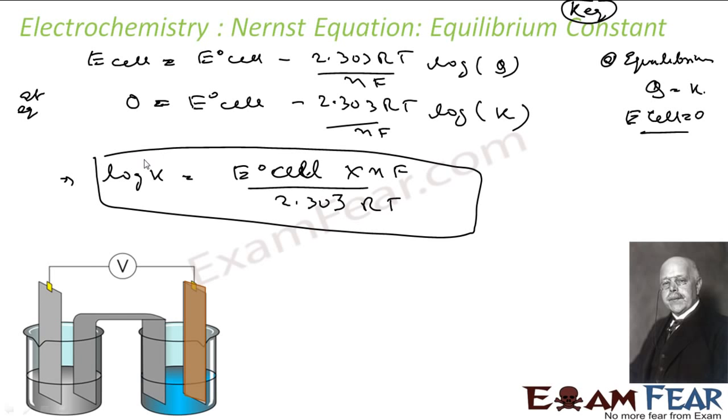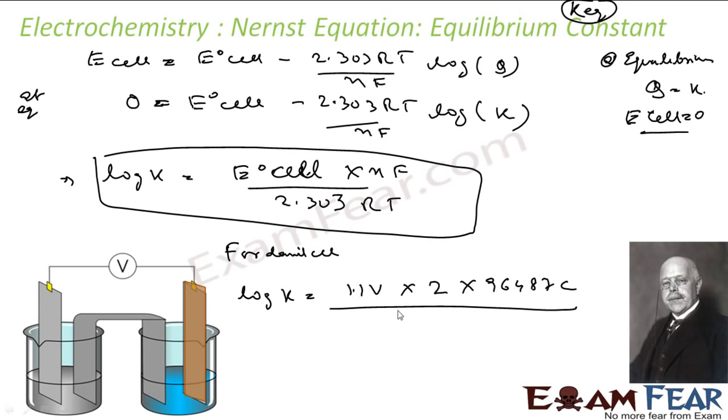With this you can easily find the equilibrium constant K for a cell. Correct? See, for the Daniell cell, let's find this. For the Daniell cell, log K is equal to E naught cell, which we know is 1.1 volt for the Daniell cell. N is 2 electrons. F we know is 96487 coulomb, divided by 2.303, R we know is 8.314, and T is 298 Kelvin. Let's assume normal temperature.